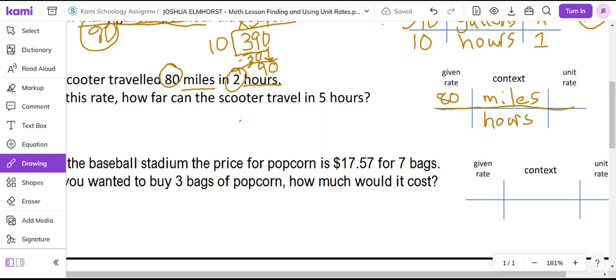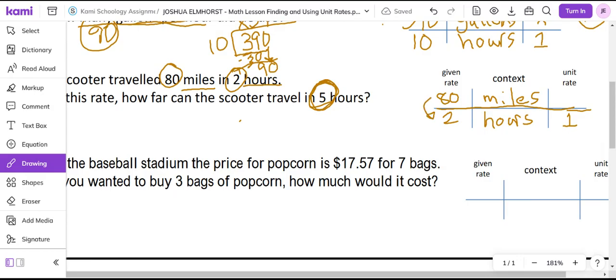And how many hours? 2. So now the question here, how far can the scooter travel in 5 hours? So we go over here. This is not a unit rate, but let's find the unit rate. And then we can use the unit rate to help us get to 5 hours.